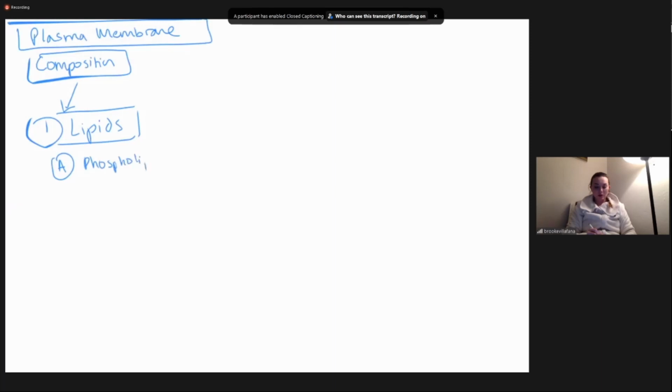I just told you what those are, right? Phosphate head, and then the 2 fatty acid tails. Phospholipids, this would also be something you want to know for the test. They are the most common structure in the plasma membrane, right? And because they are a bilayer, the plasma membrane is a double membrane, right?